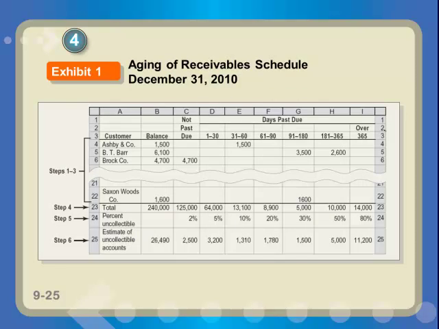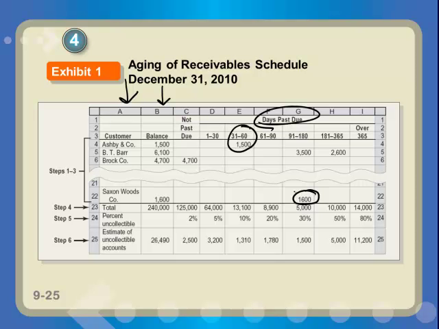It's got the customers in column A, and it's got their balance, and then this is days past due. So it shows Ashby and Company, they're 31 to 60 days past due. So they're a month, almost 2 months past due. This Saxon Woods Company, they're 91 to 180 days past due.